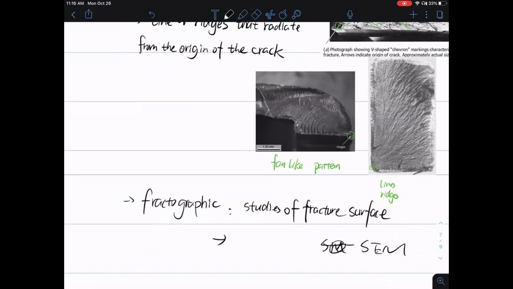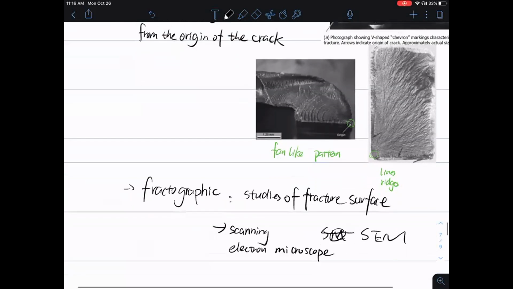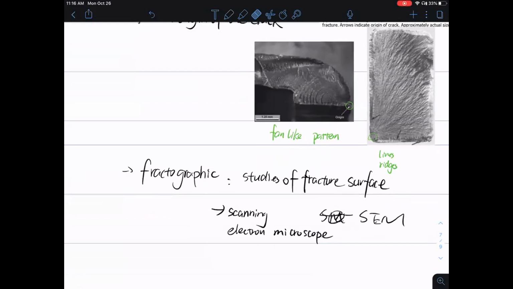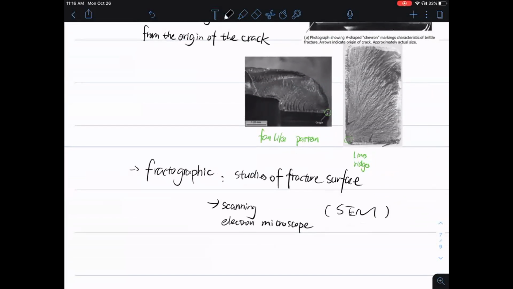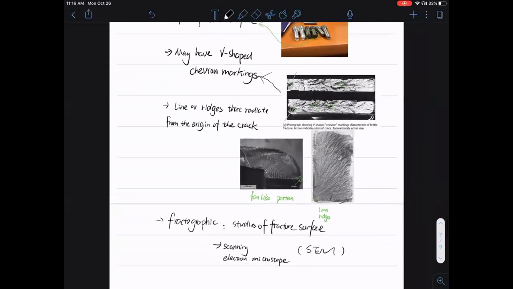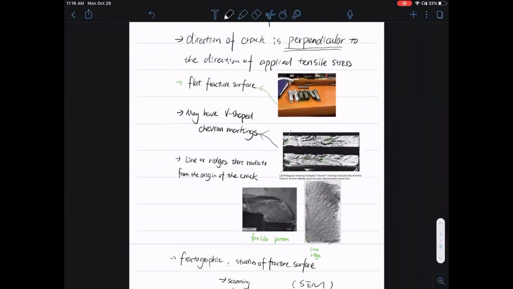That's a scanning electron microscope. All right, that's about everything about brittle fracture.